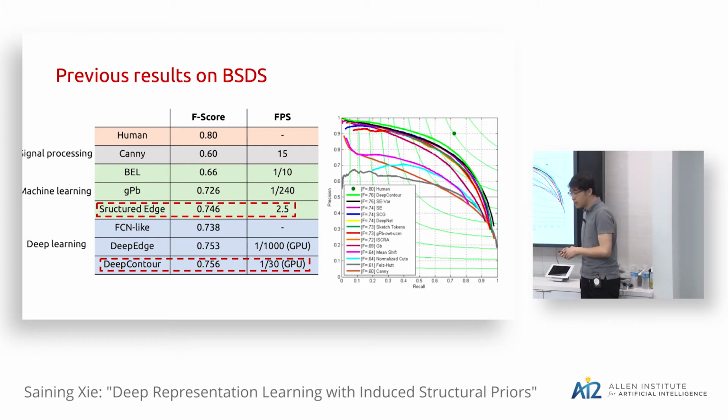As you can see, the deep learning-based edge detector, DeepContour, is only 1% better than the previous best non-deep learning method, structured forests, while being extremely slow because you have to do the patch-based sliding window approach on really large networks, for example AlexNet. So it's really, really slow.